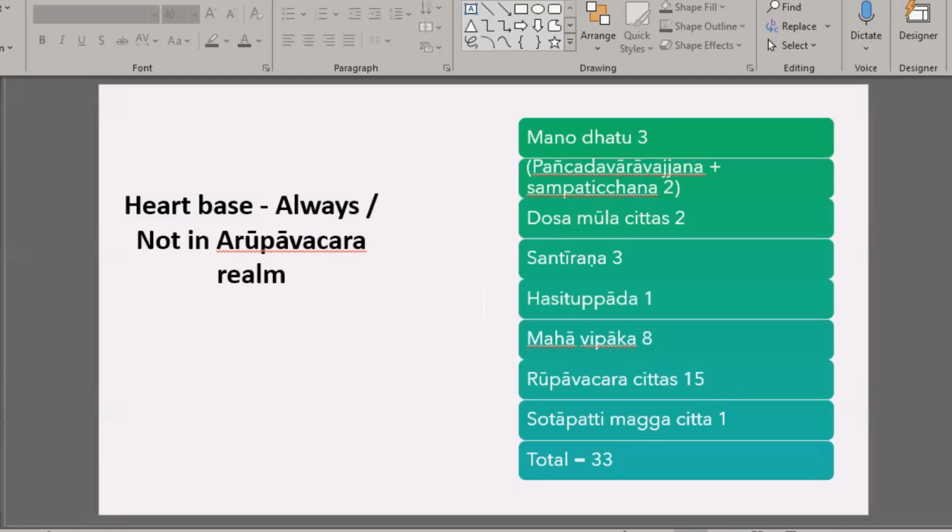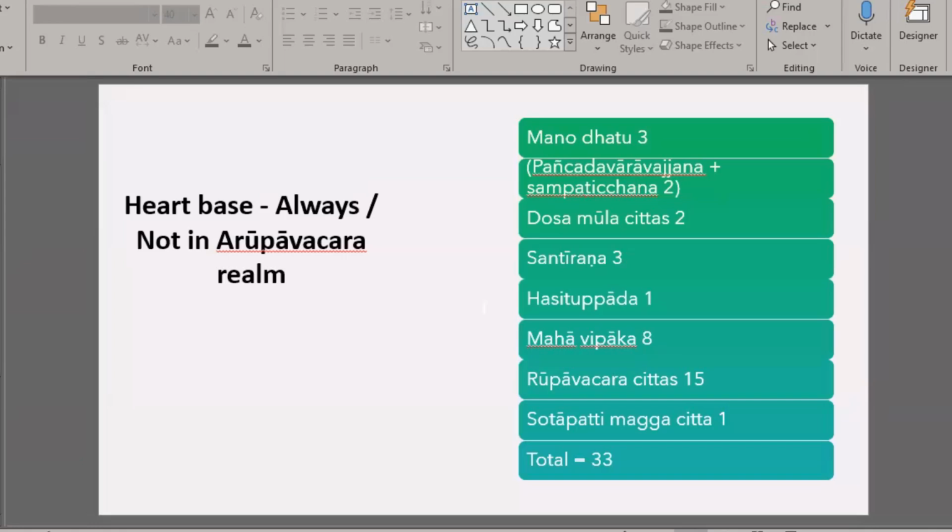Therefore, Rupavachara Vipaka Chittas arise in the Rupavachara realm only. So when they arise, they depend on the heart base. And Rupavachara Kusala and Kiriya arise in the Kama realm. They also depend on the heart base.